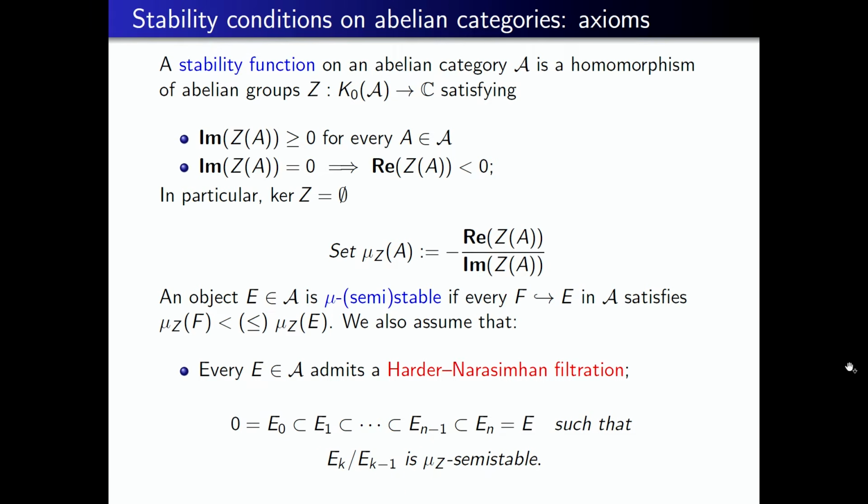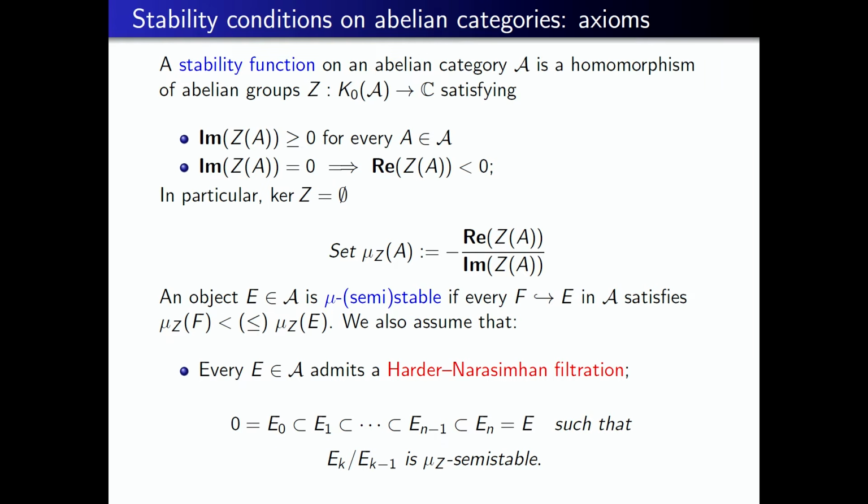So one way to understand semi-stability is that the semi-stable objects will be building blocks for all the other objects in the abelian category. Right? Any other object in the abelian category can be made out of semi-stable ones after successive extensions. You extend and then extend again by semi-stable objects, and you get any object in the category.